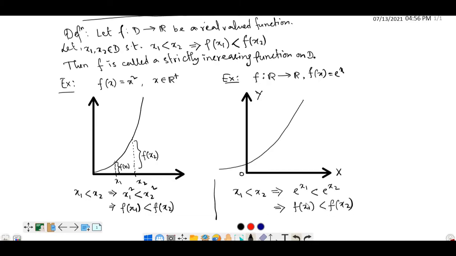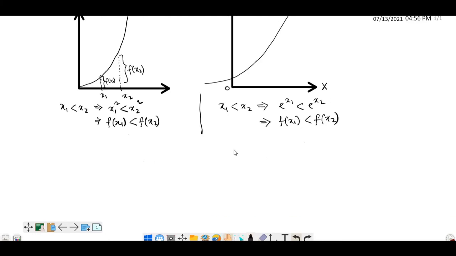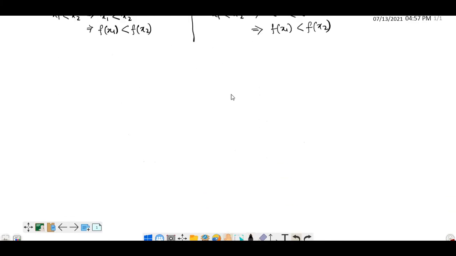So this is an example of a strictly increasing function. On the contrary, is there some definition of a decreasing function? So let us see that.